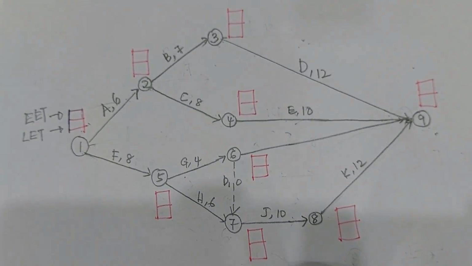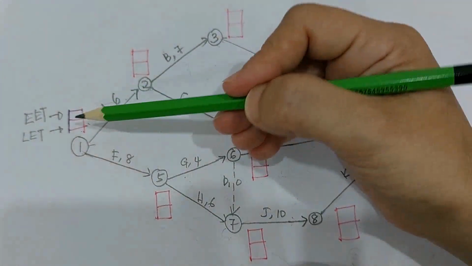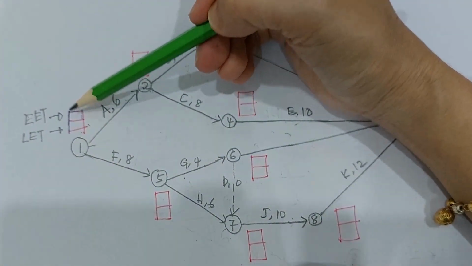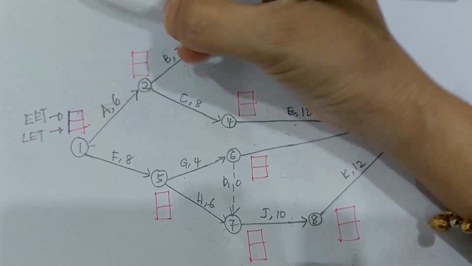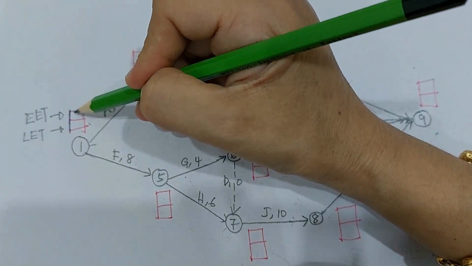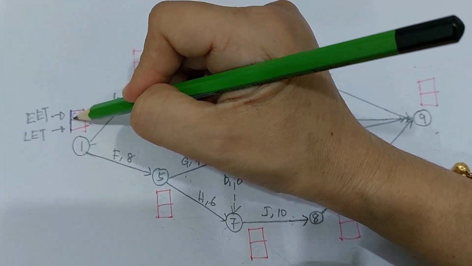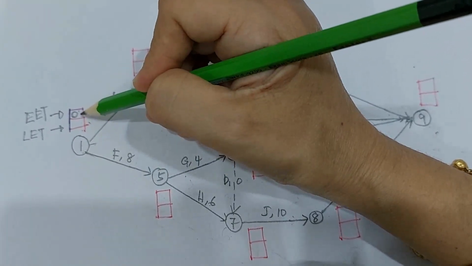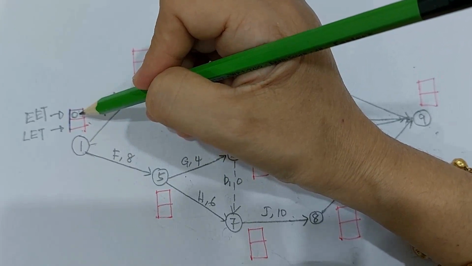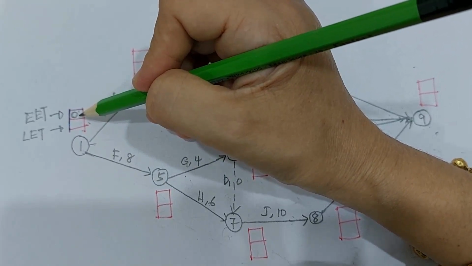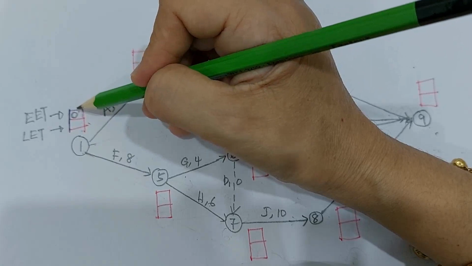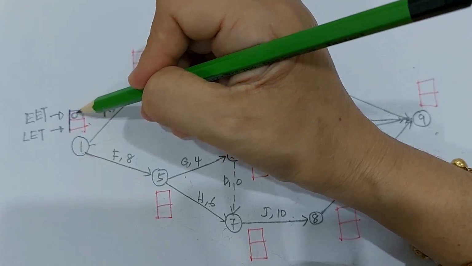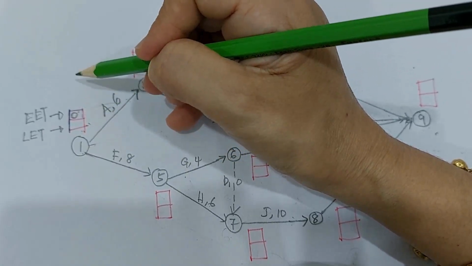So how to calculate the EET, earliest event time? For the first event, always put it 0. Okay, so apa yang ada dalam kotak ni semuanya adalah nombor yang merupakan masa. It refers to masa, earliest event time. Masa permulaan yang paling awal kita boleh mulakan aktiviti tersebut.